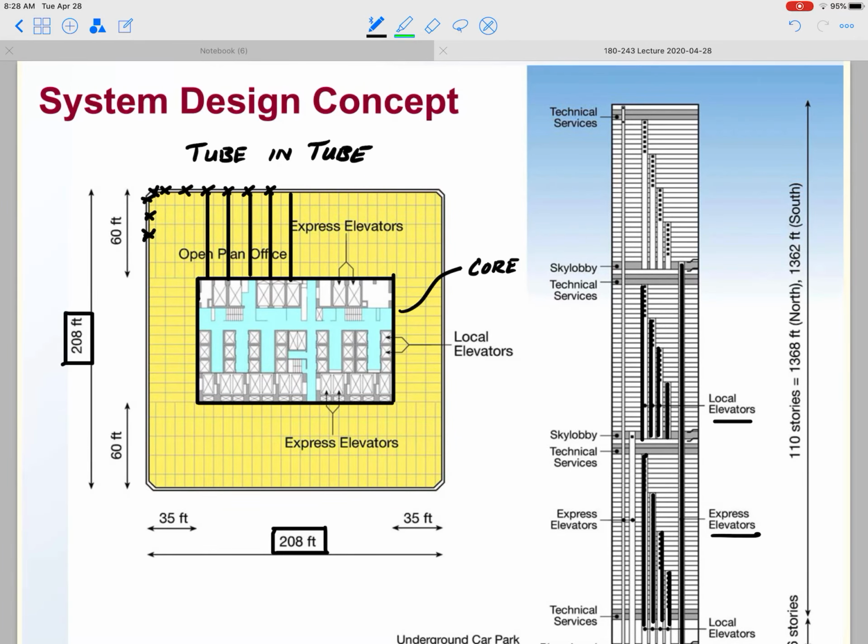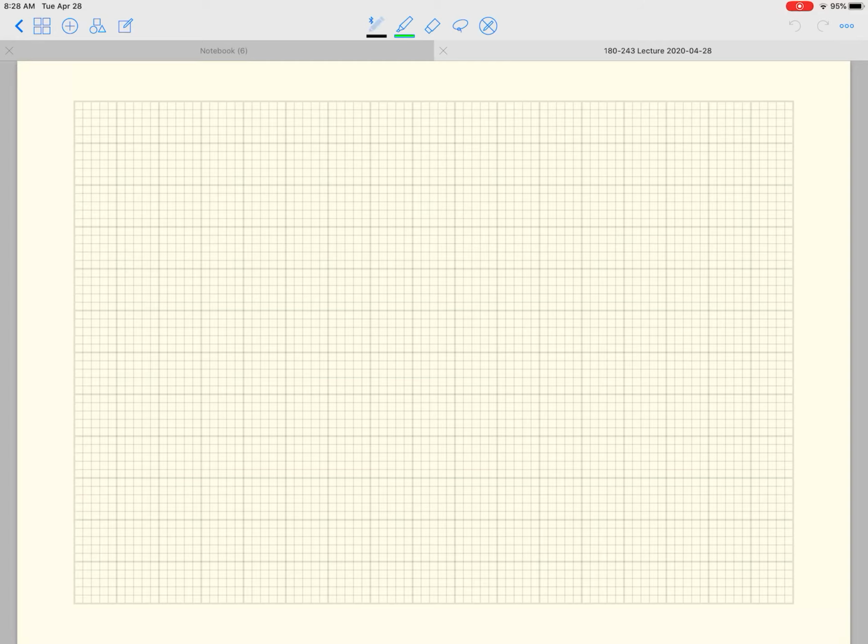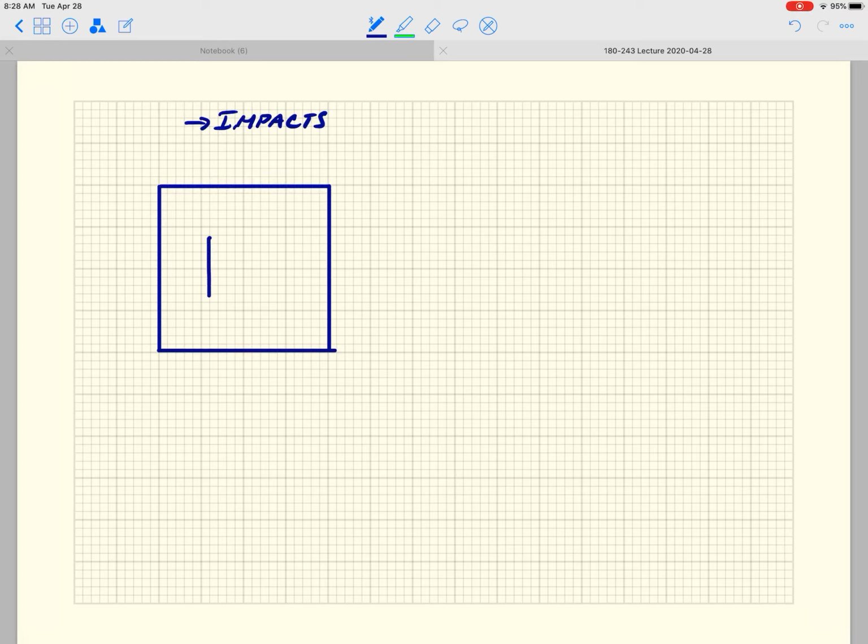overall design. So let me shift gears and talk a little bit about what happened that day. So these are the impacts. I'm going to draw two towers here. So this guy, I guess we'll do it like this. So that's the inside core, and those are the outside closely spaced columns.